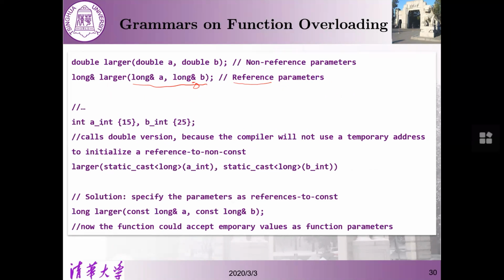Then if we define these two overloaded functions, if we define these two integers like this, and then we call the double version, because the compiler will not use a temporary address to initialize the reference to non-const. So this one, if we call it in this way, we are converting from integers to long variables, and this static cast actually generates a temporary.